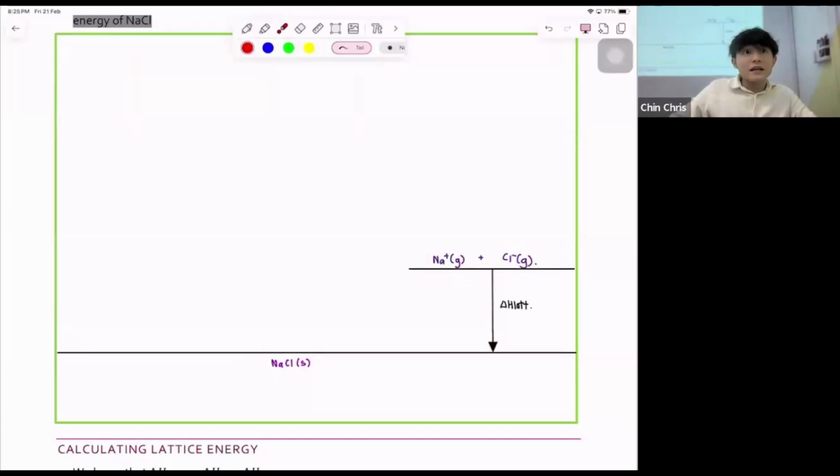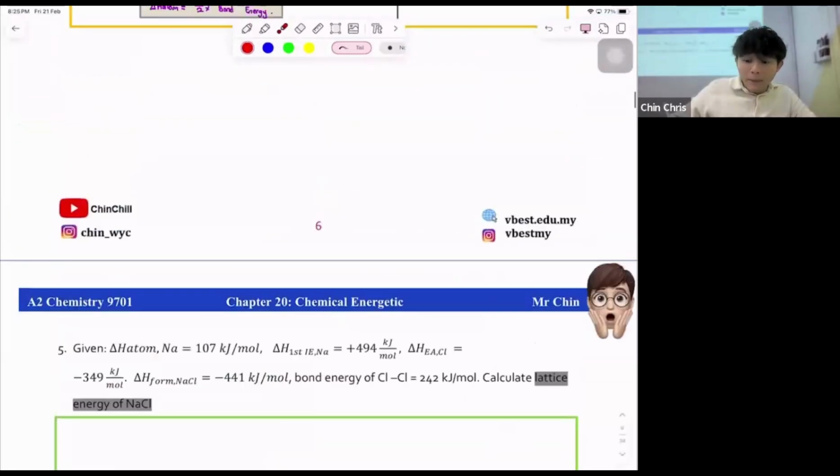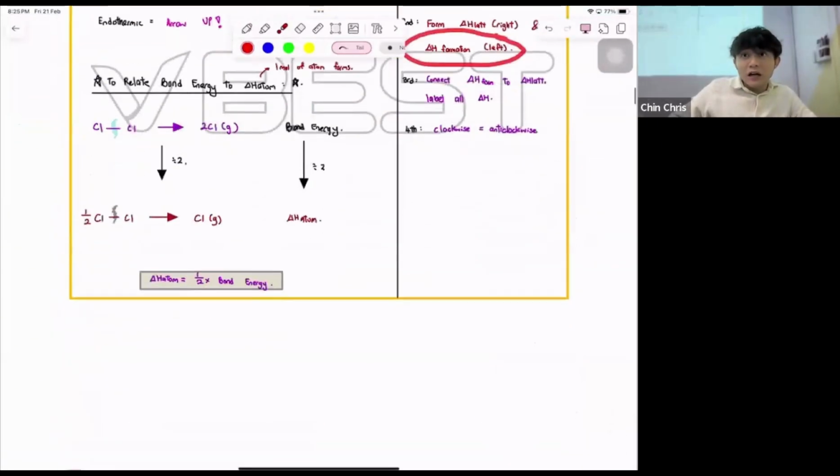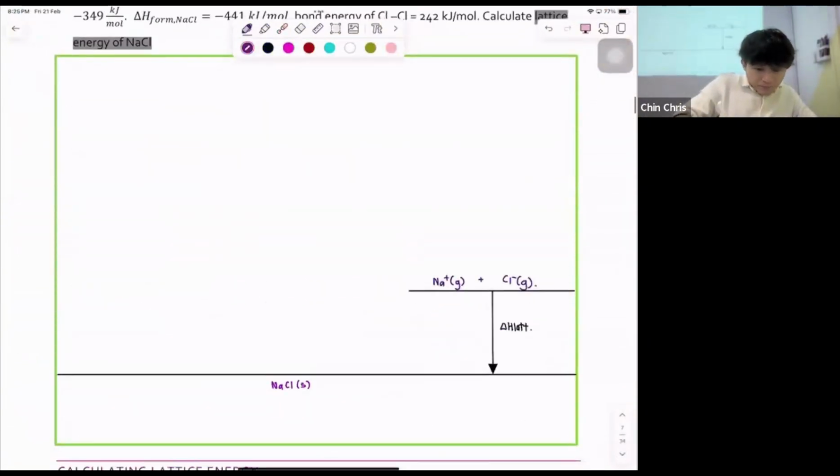All right, guys, what about your left hand side? What do we put? Left hand side is your delta H formation. Again, your left hand side, that's your delta H formation. And guys, how to form? To draw your formation, for example, I need NaCl.